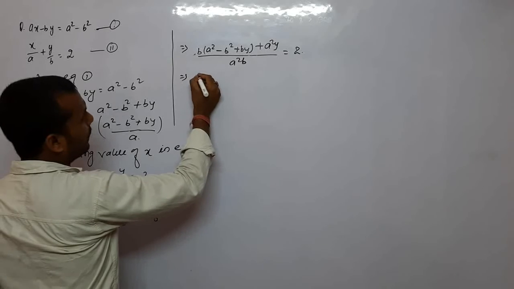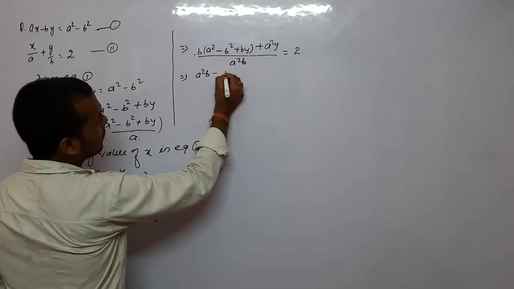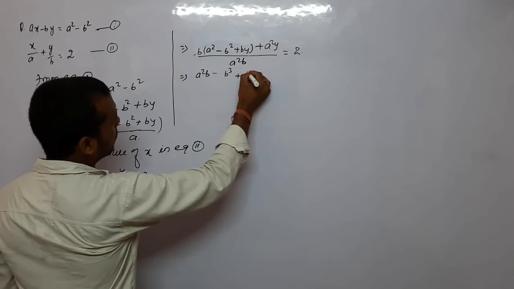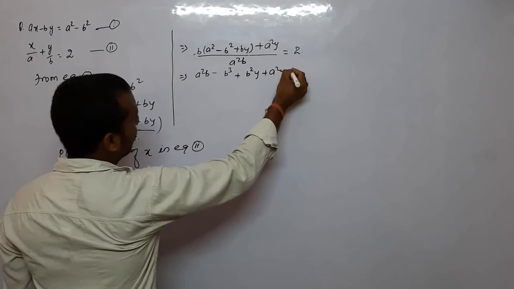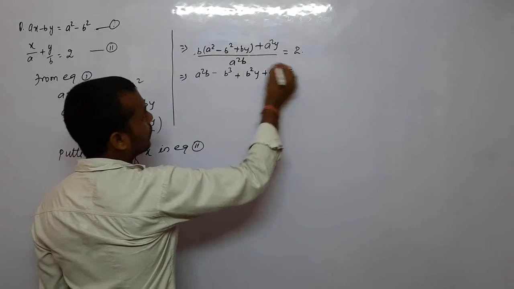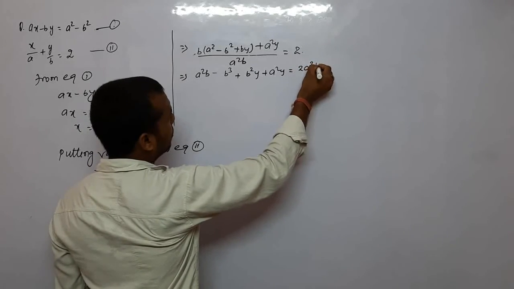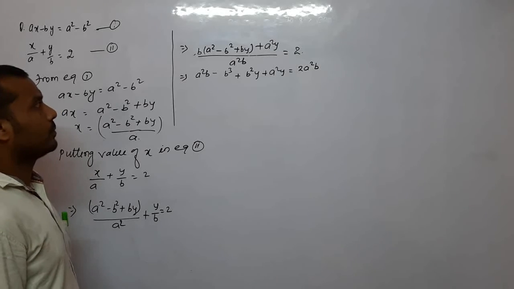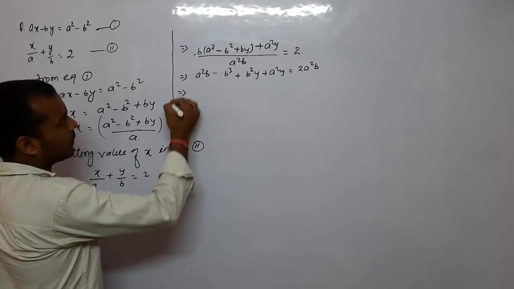Now we will solve it. On solving, what will we get? We will get a square b minus b cube plus b square y plus a square y equal to, just cross multiply it, 2a square b. Clear? I hope it's clear to you.